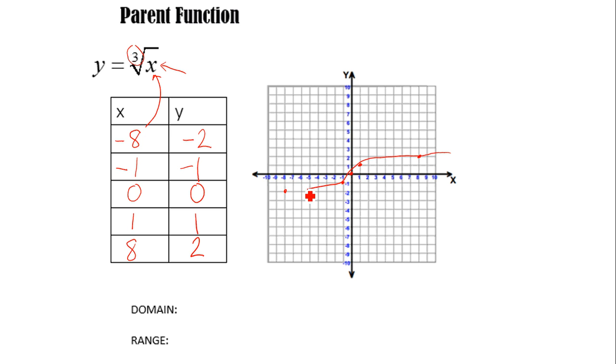This is what a cube root graph looks like. It doesn't have the starting and stopping motion, if you will, of the square root. It's continuous. It has arrows on both ends because you can cube root negative values. So we have this wave-ish looking thing here, or I don't know what you would call it, a ribbon, if you will. But this is what a cube root graph looks like.